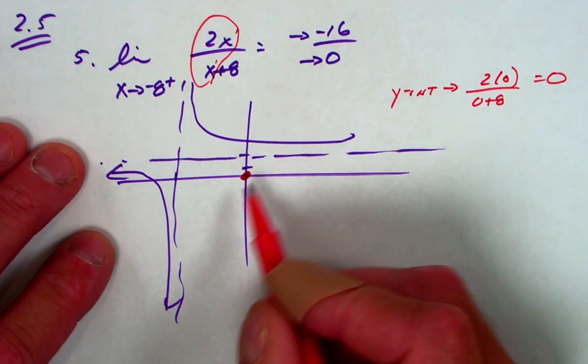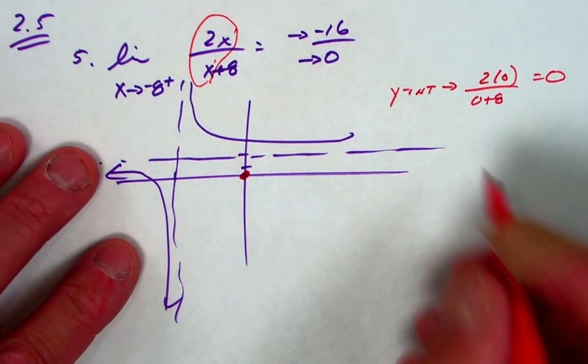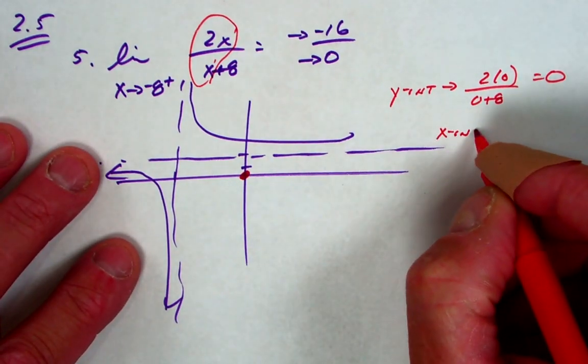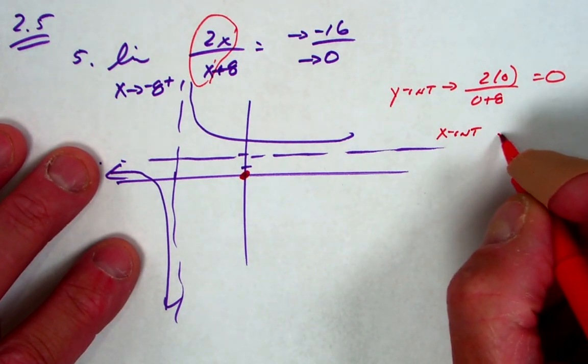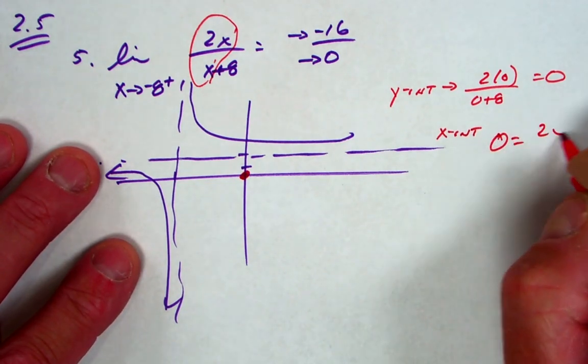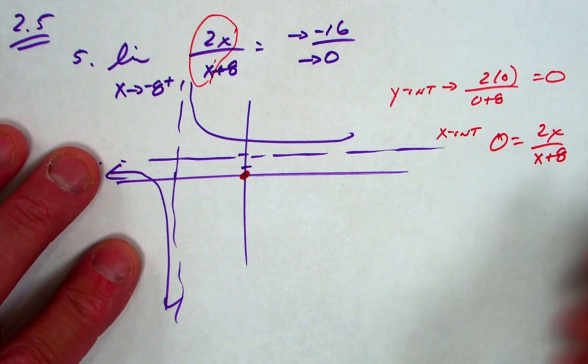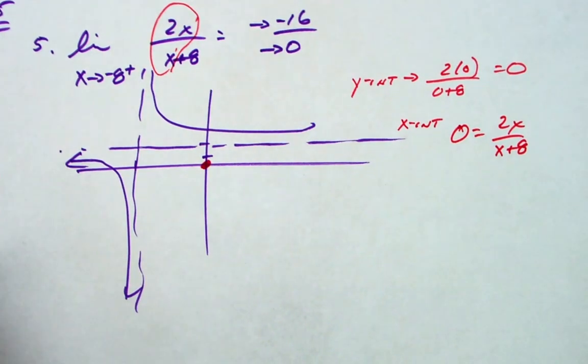Let's figure out, well, my x-intercept is going to be the same thing, because if I take this and set it equal to 0, how do we make a fraction 0? Do we look at the top or the bottom if we're wanting to make that fraction 0? The top.